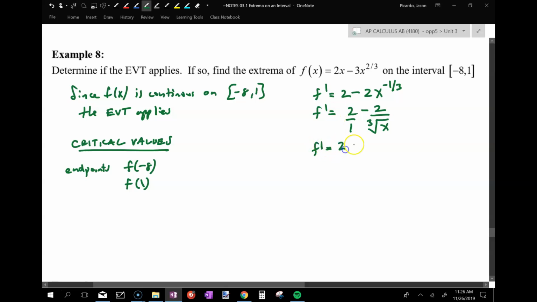I could say it's this. Same thing, right? So what does that give me? That gives me 2 cubed roots of x minus 2 over the cubed root of x.